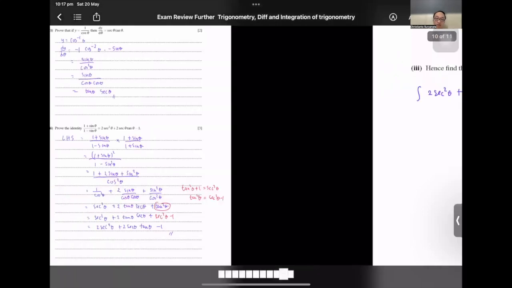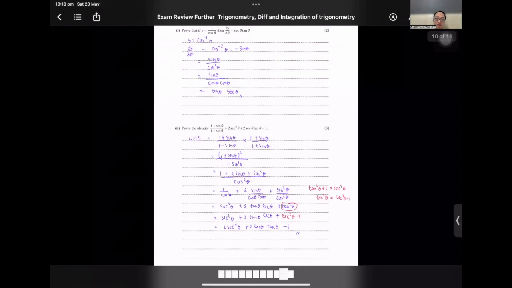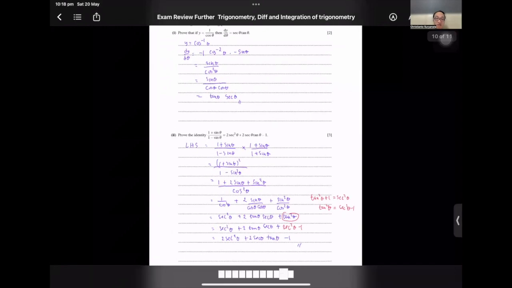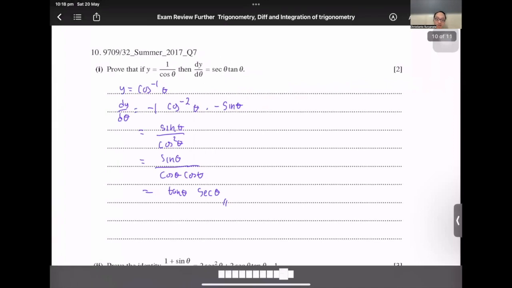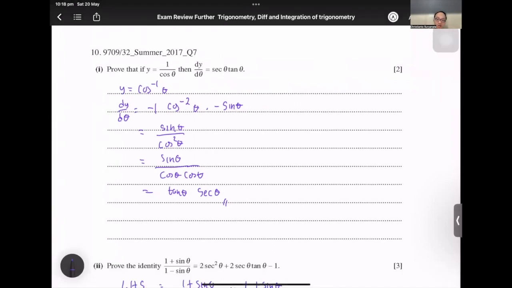If you see from number 10, the derivative of 1 over cos is secant tangent. That means the integral of secant tangent will be 1 over cos theta.